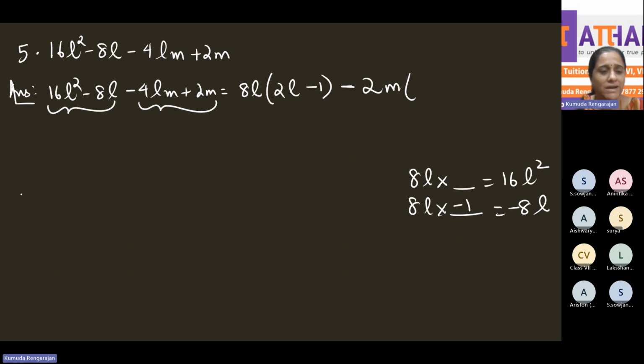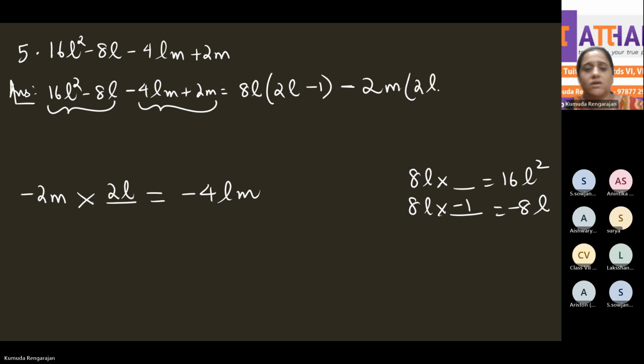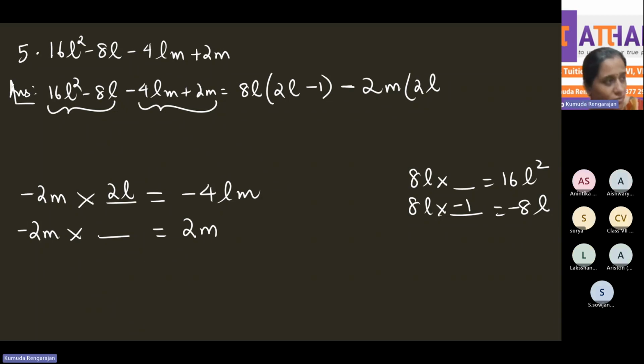Now again minus 2M into what will give us the third term minus 4LM? 2L, because minus into plus is minus, 2 into 2L is 4L. Again minus 2M, which is common, into what will give us the fourth term plus 2M? Minus 1.